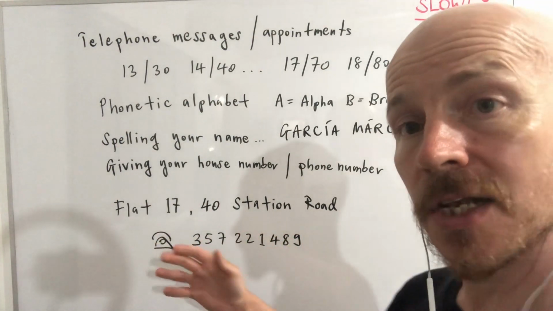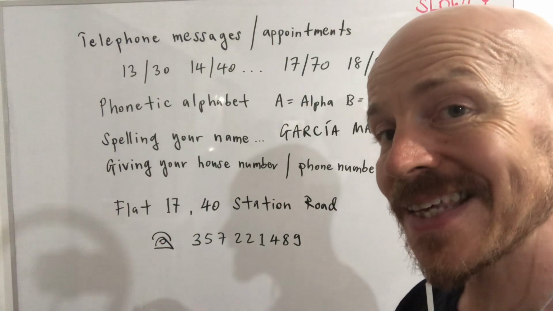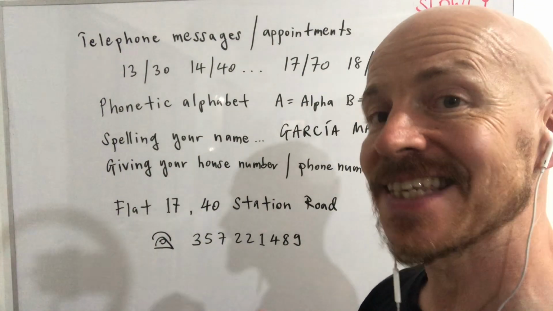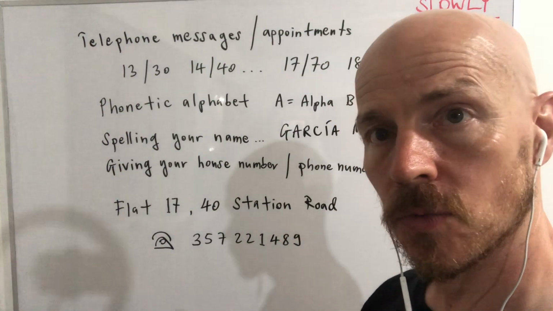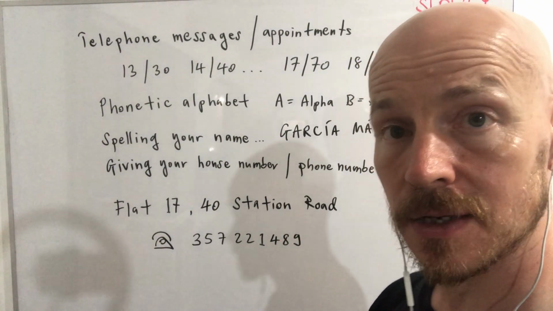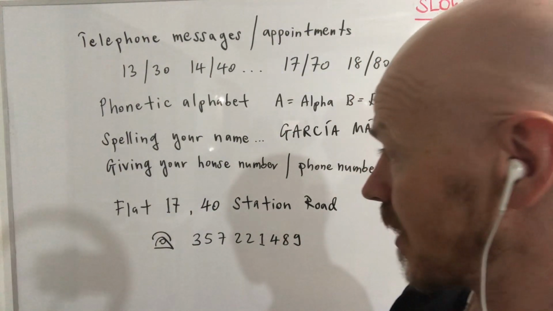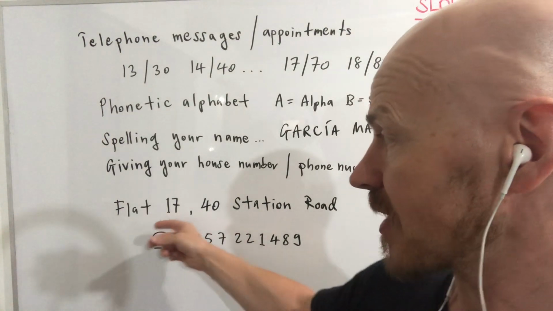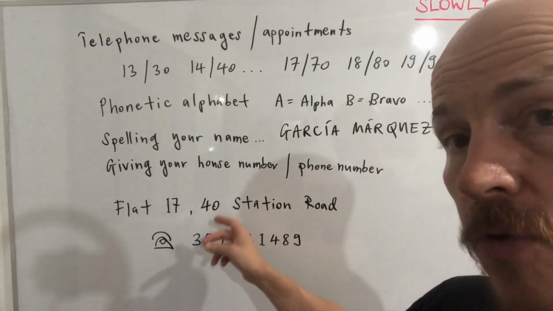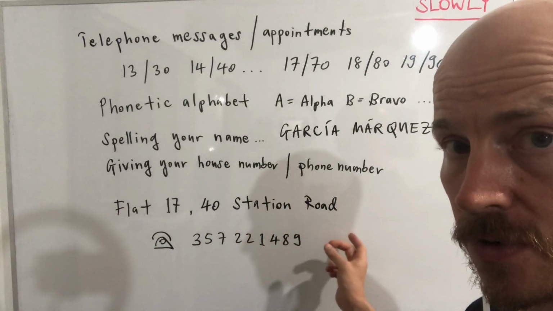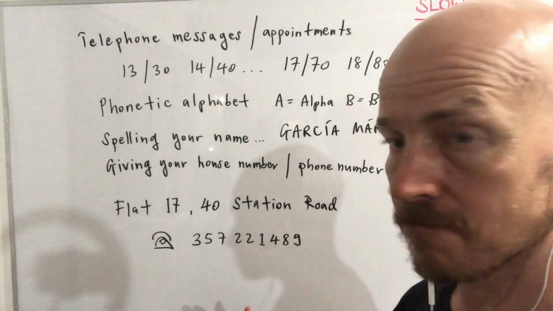So by all means say it as the normal number, but then repeat it straight after as digits. This way the listener will easily understand what you really meant to say. So I would say this as flat 17 17, 40 40 Station Road. Much clearer, yeah?